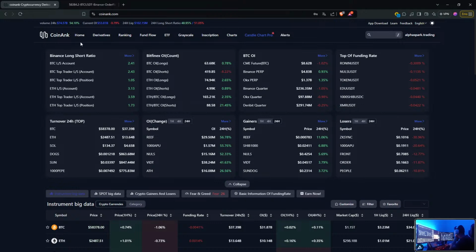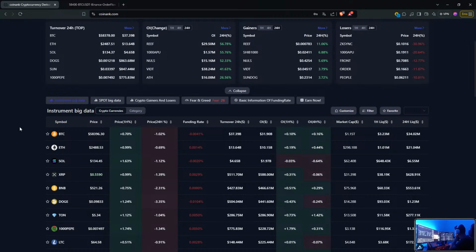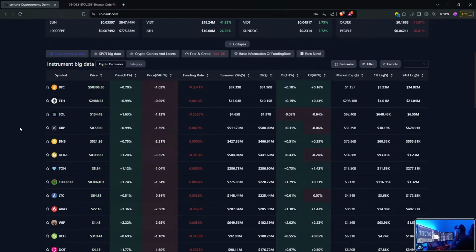And I guess I'll start. I'll go from left to right in terms of the menu, because all of these are basically just a summary, an overview of everything related to all available cryptos.